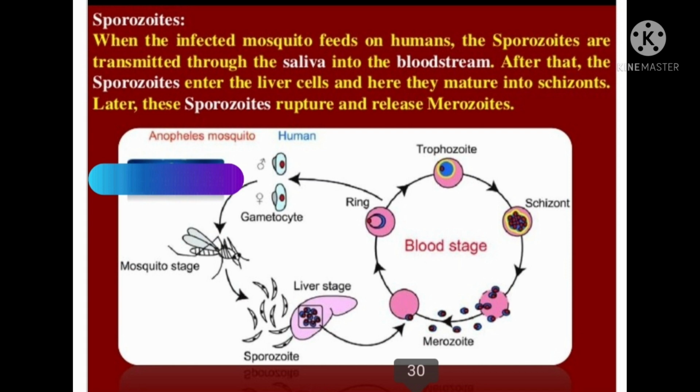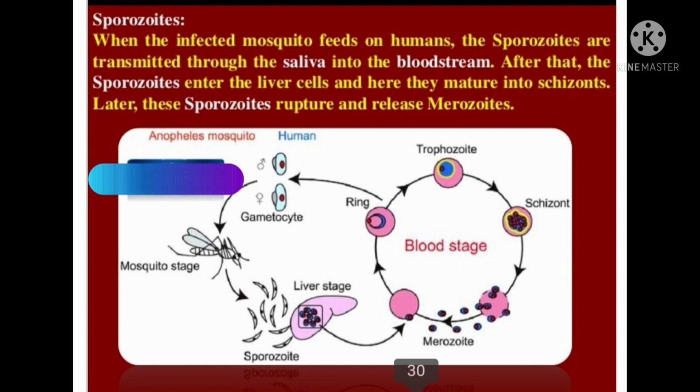Now let us start with the next portion, that is sporozoites. When the infected mosquito feeds on humans, the sporozoites are transmitted through the saliva into the bloodstream. So that's the travel medium.